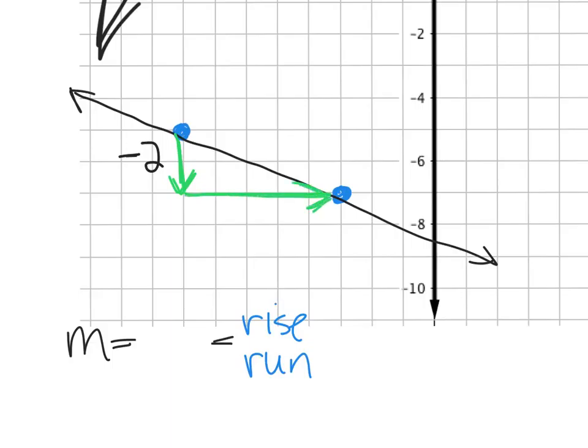In this case, the run, 1, 2, 3, 4, 5, is 5, a positive 5. So our fraction is going to be -2/5. So our specific slope on this line here is -2/5.